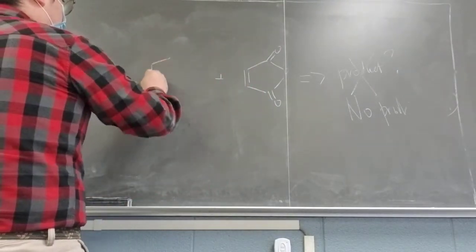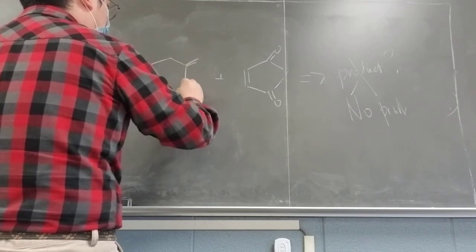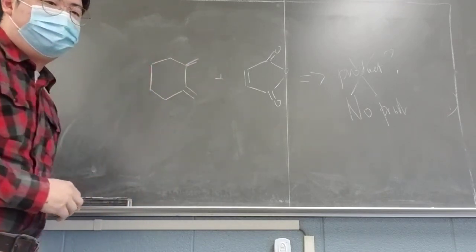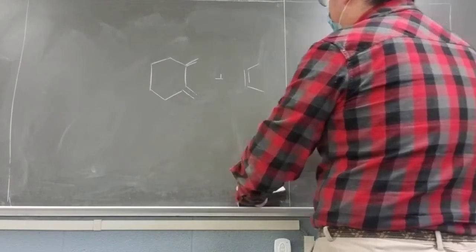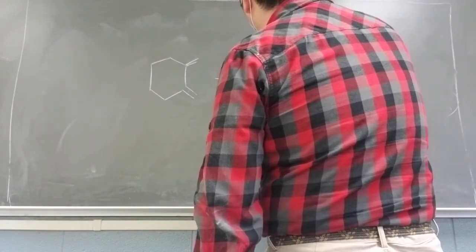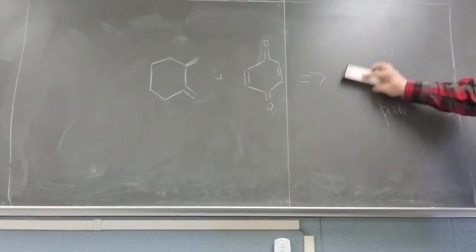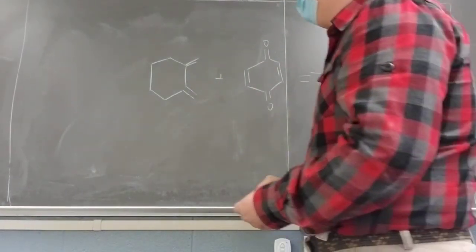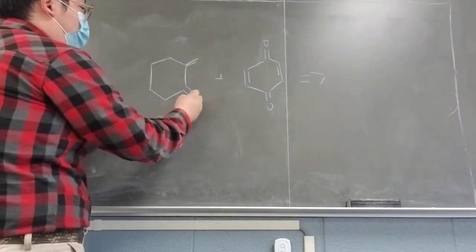How about we do this one? Let's try to change this one to benzoquinone. Okay. And what might be the product over here? In this case, this is in cis form, so we'll do the Diels-Alder direction.